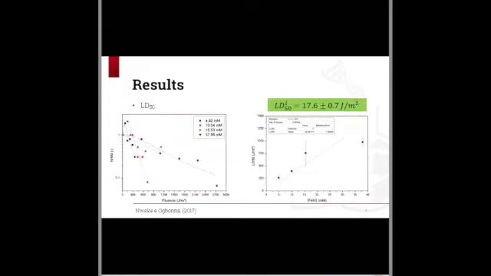So we calculated the survival curves for 4 concentrations of iron, and we got the median lethal dose for this microorganism in these 4 concentrations. With this and the equation, we calculated the lethal dose without any iron for Acidithiobacillus ferrooxidans for UVC. It was 17.6 joules per square meter.